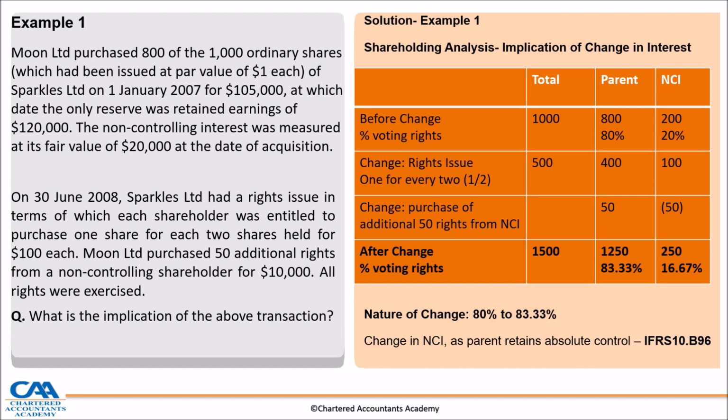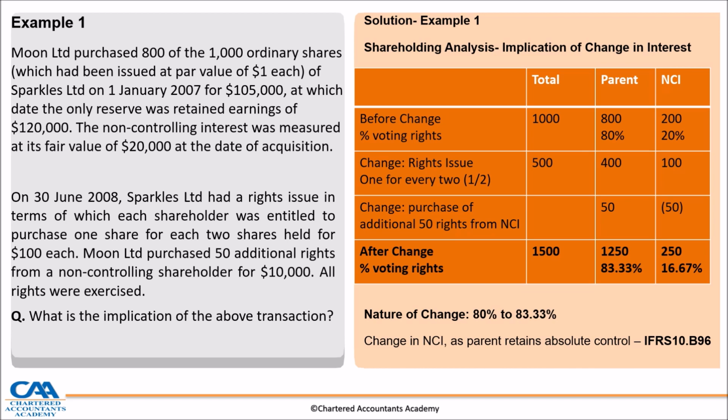So before, we had the total of the acquired 1,000, parent at 800, which is 80%, inside 100%. On the change, the rights issue, 1 for every 2, which is half, means we had 500 more shares added to come up with a total after change of 1,500. Parent also exercised and got 400 rights, and NCI got 100.